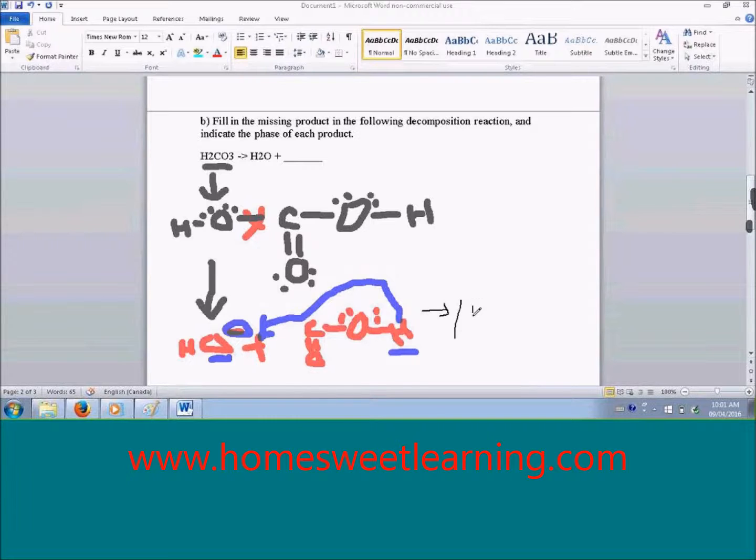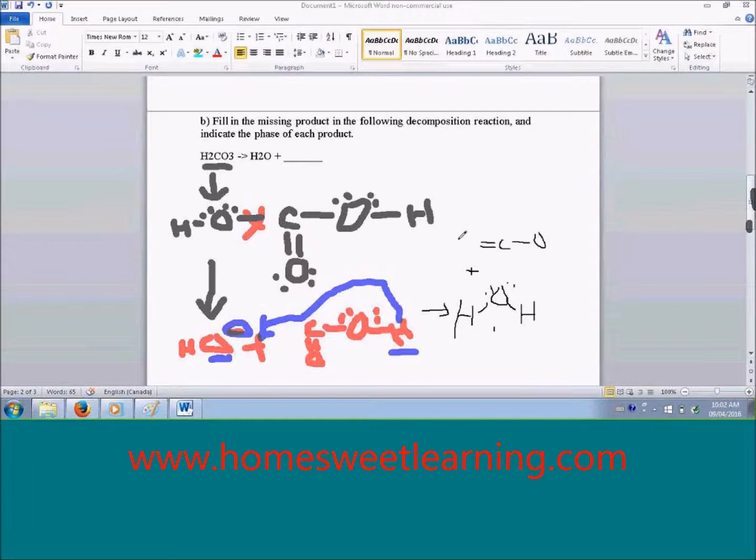This is where the molecule of water comes from. You're going to get your H2O. Don't forget to draw the electrons. And here, you're left with this molecule of carbon and 2 oxygens. This is a very unstable molecule.